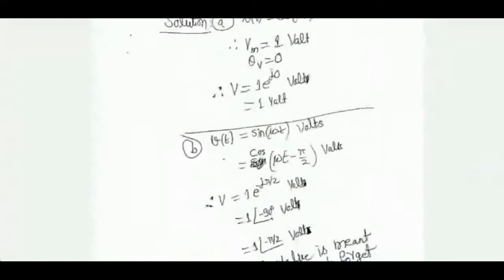So that's what I have done here. Sine omega t, I think, is cos of omega t minus pi by 2, right? So the phasor would actually be 1 e to the power minus j pi by 2, or 1 with an angle of minus 90 degrees in this case.